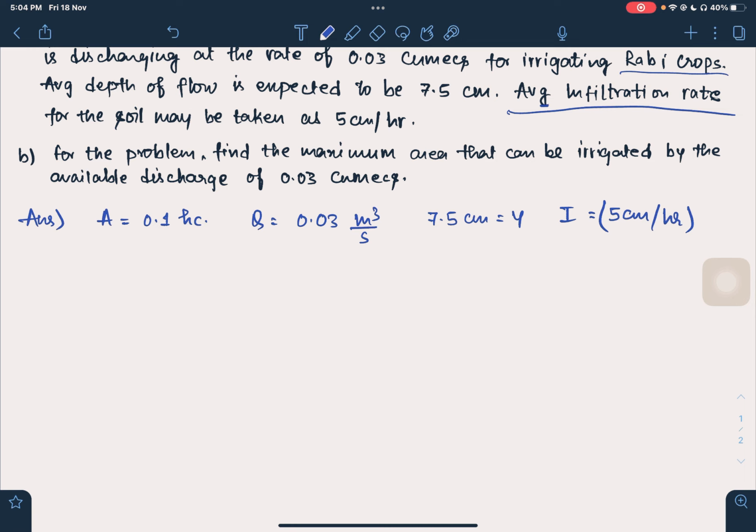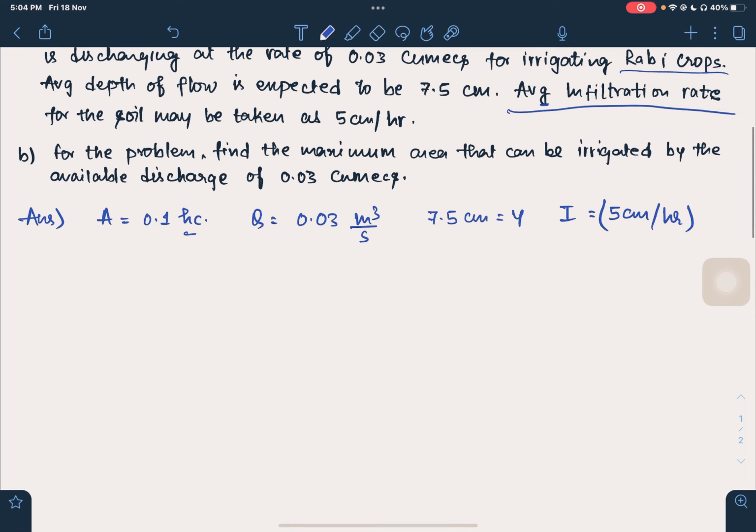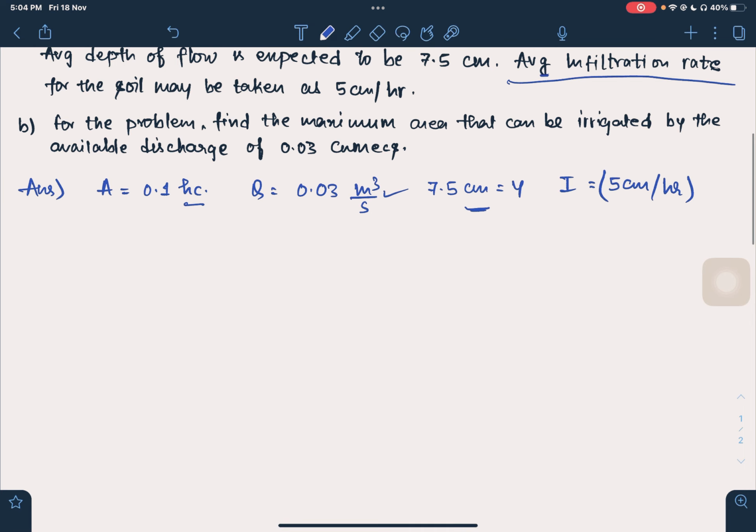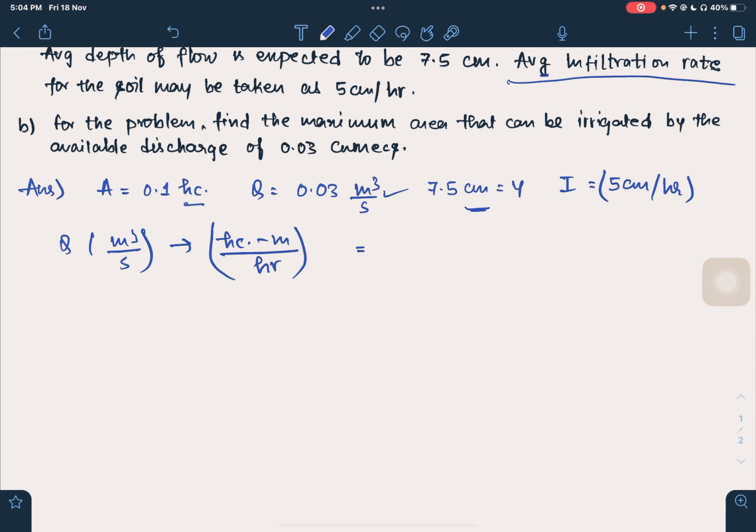Now, as we can see, the units are not uniform because area is given in hectares, Q is given in meter cube, and the average depth of flow is in centimeters. Taking the units and making them uniform, let's start with the Q. The unit of Q is meter cube per second. The other unit of Q is hectare meter per hour. Now, meter cube per second can be written as meter square per second.